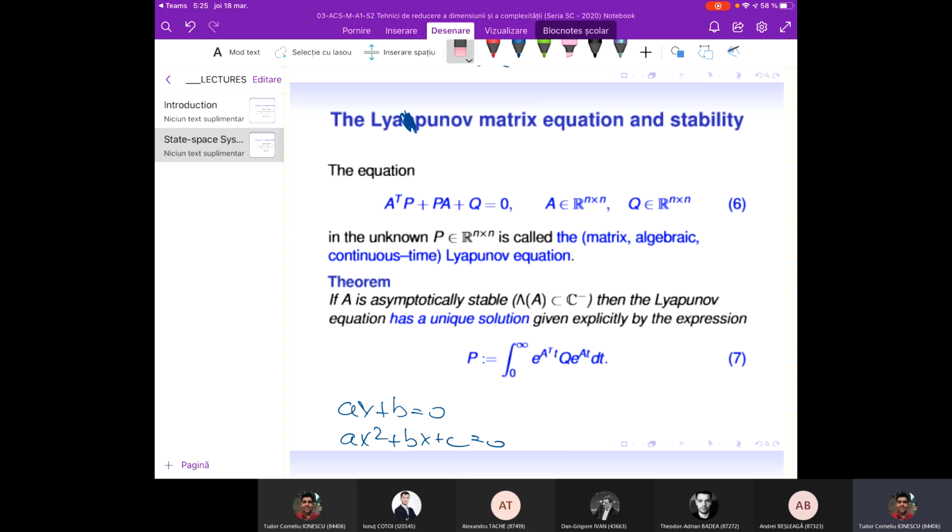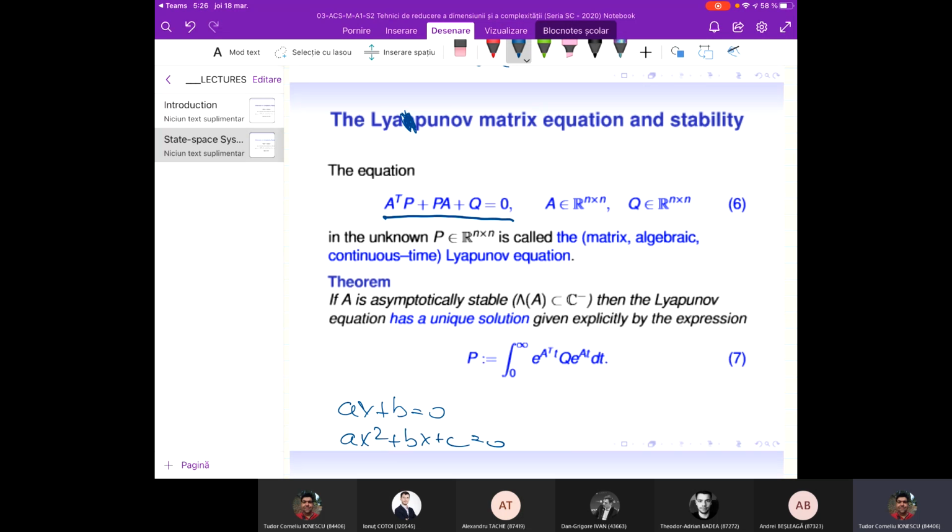The Lyapunov equation that I just showed is linear in P, because the P matrix appears only at power 1. So this is a linear matrix equation.